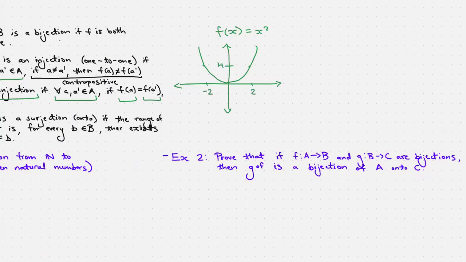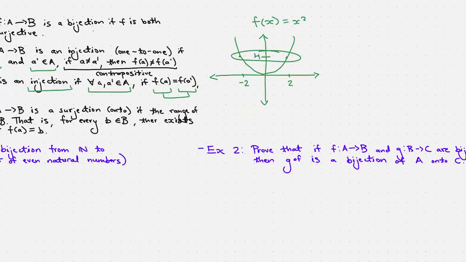And so we have f of 2 is equal to f of -2, but 2 is not equal to -2. So again, this would not be an injection.